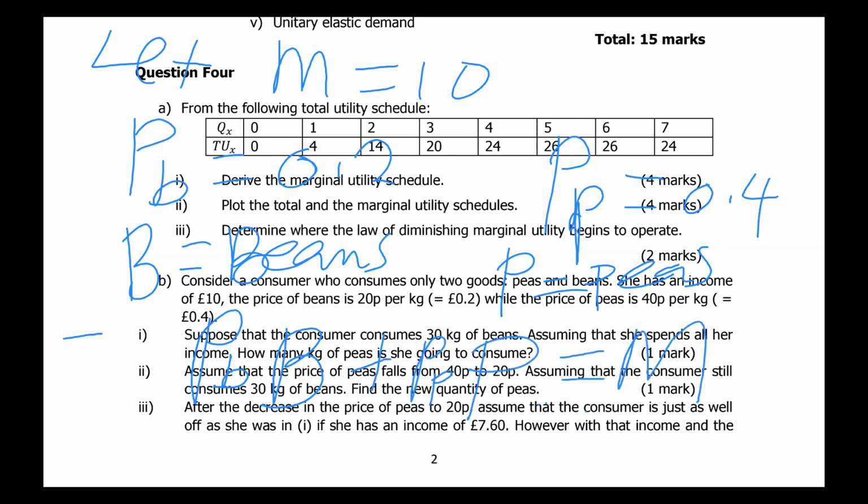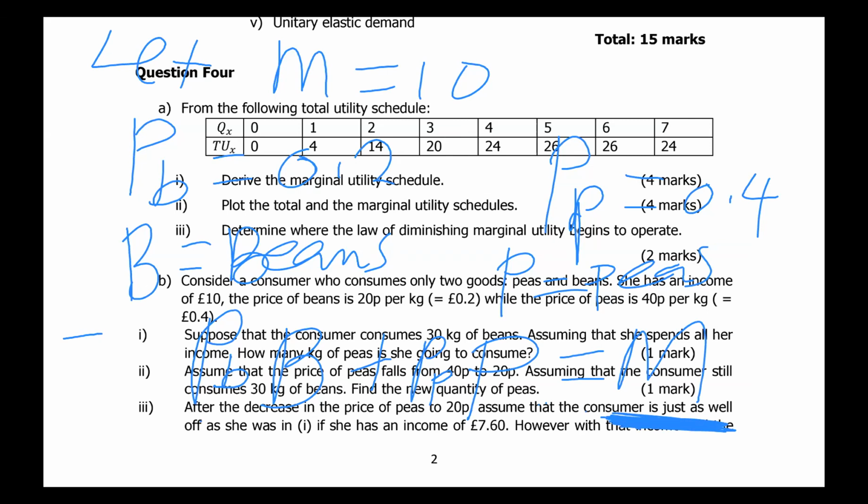This equation is telling us that if you multiply the price of beans times the kgs of beans, plus the price of peas times the quantity of peas, when you add these, they should be equal to the income that we have. Because what we are trying to do is to divide our income between these two commodities. You just have 10 kwacha, and you want to divide your 10 kwacha. How do you effectively divide it? That's the question.